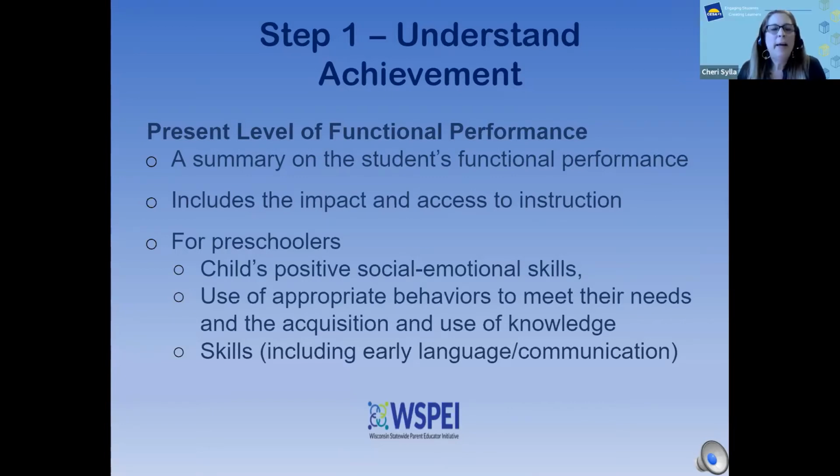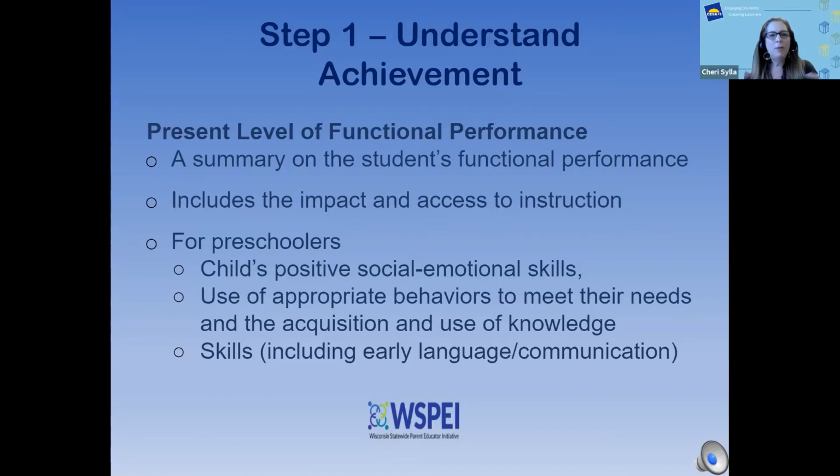Excellent. Thank you, Maria. Yeah. So this is the second part of the present level, is the functional performance. And so in the functional performance, we talk about activities and non-academic skills needed for independence, access to instruction and performance in school, in the home, and in the community, for leisure.